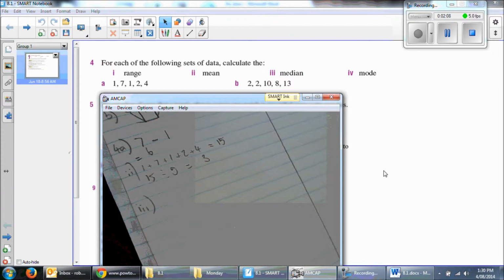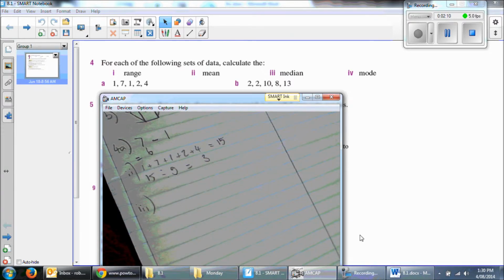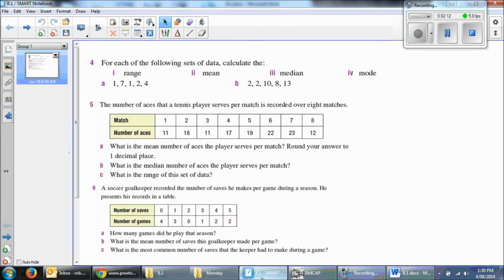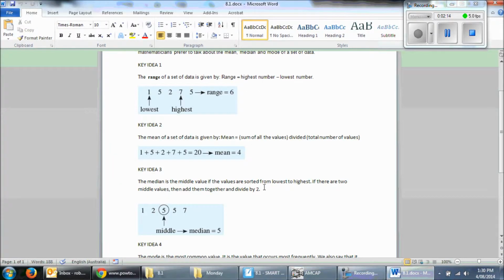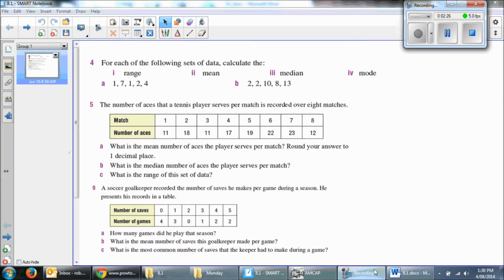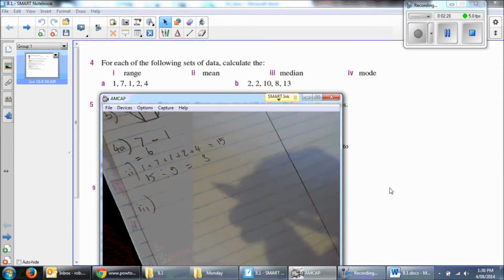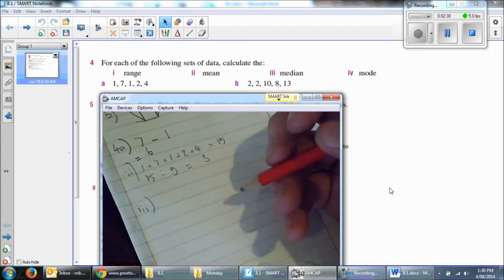For question 3, we need to find the median. Once again, we need those key ideas. The median is the middle value if the scores are sorted from lowest to highest. The easiest way to do this is to take your scores and arrange them in ascending order, which means they're going up.